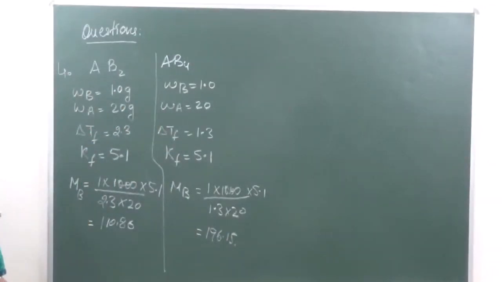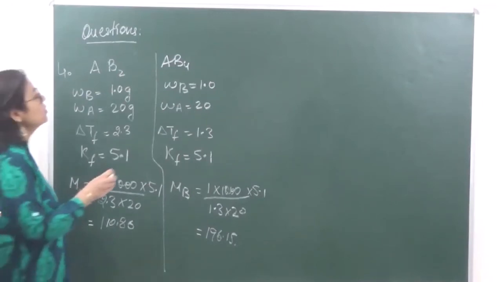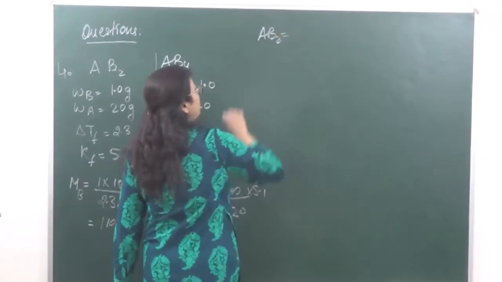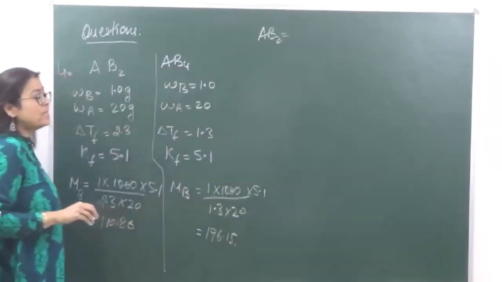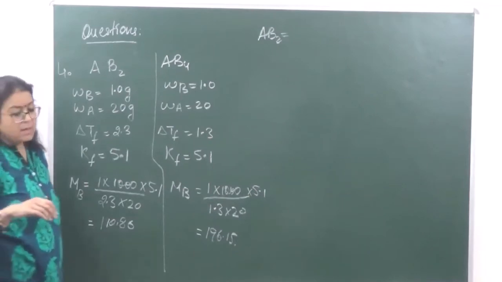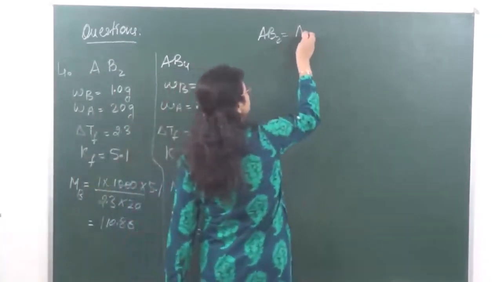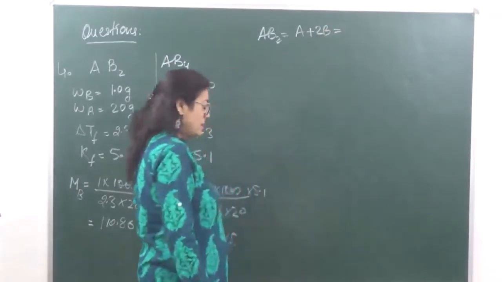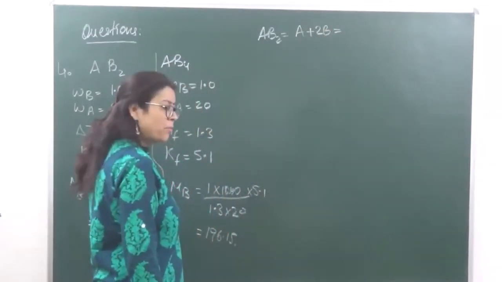Okay, so looking at the formula now, AB2 means the atomic mass of A plus 2 into the atomic mass of B will give the molecular mass, na? So A plus 2B is equal to how much? 110.86.